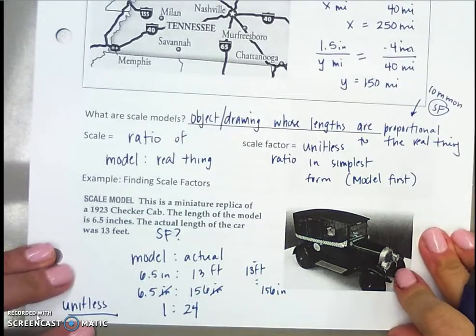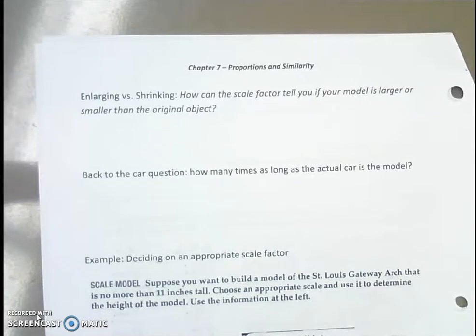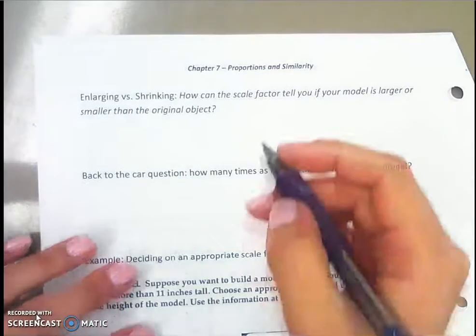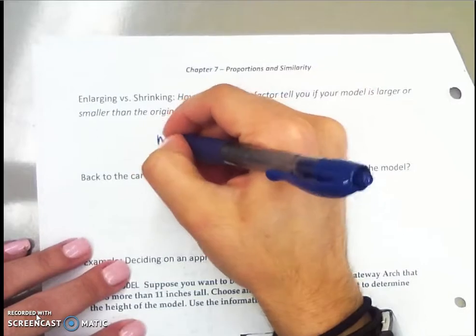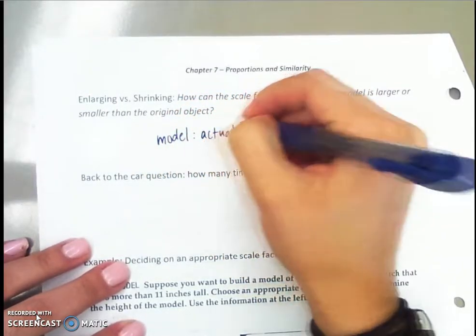We can flip to the next page. And now think about enlarging versus shrinking. We want to figure out how the scale factor can tell you if your model is larger or smaller than the original. Well, we always have the model versus the actual for the scale.